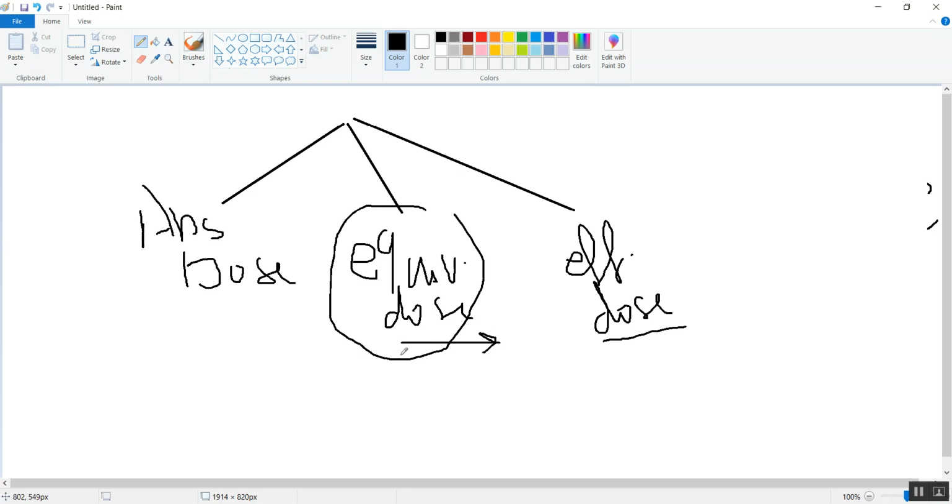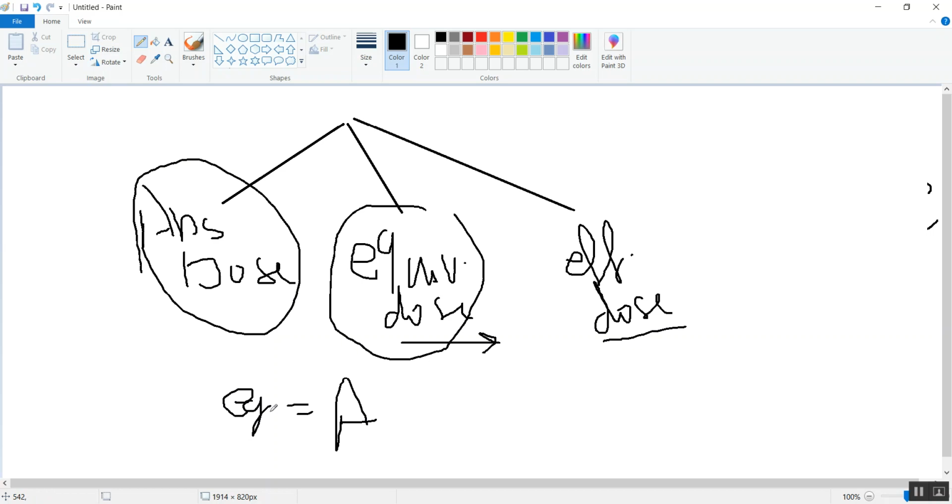Equivalent dose is equal to the absorbed dose times the quality factor. What's the meaning of quality factor? Quality factor is a factor related to the type of energy source, gamma ray or X-ray or electrons or beta particles and so on. Because there are different types of radiation, as we know.